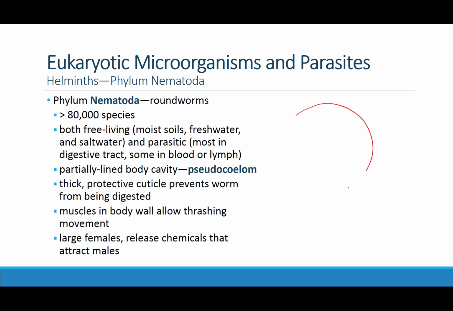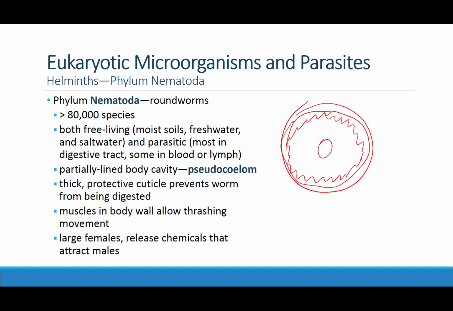So if we look at a roundworm, so there's the outer surface of the body, they have a digestive tract, and then there is an opening that, so if this is the skin tissue here, so there's the skin layer, then this is like the muscles that surround them, and then there's this open space called a pseudocoelom.